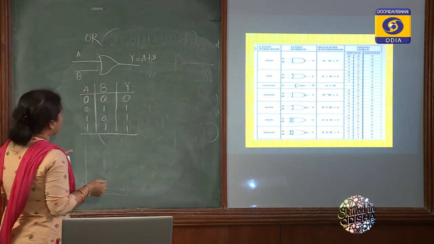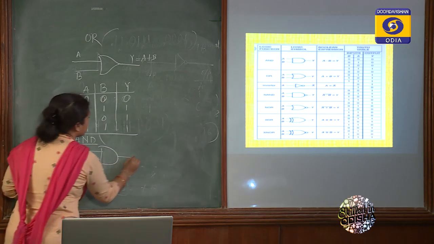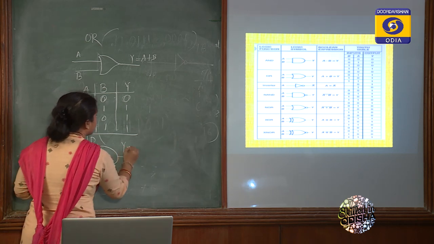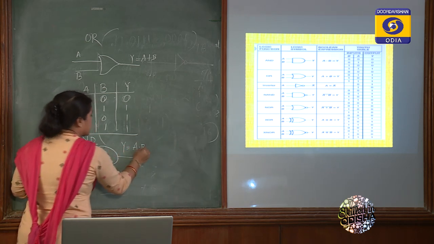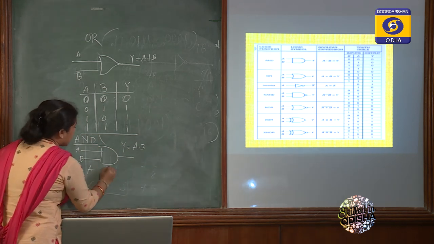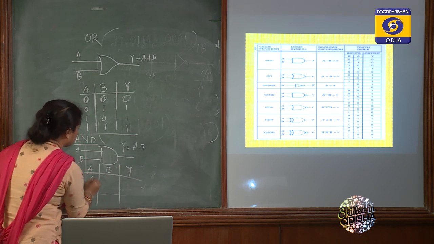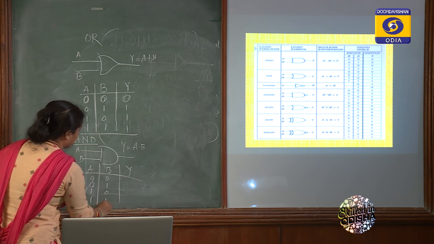Now for AND. So what is AND? This is the gate. Here is A and here is B, and in the output we get A dot B. This is the multiplication. This one is A, B and this one is Y. In the same way the inputs are 0 0, 0 1, 1 0 and 1 1.